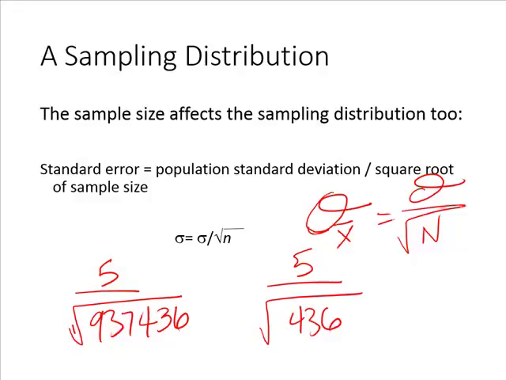Came prepared today. Didn't want to fumble with my phone. 5 divided by the square root. Just turned my calculator off. The square root of 93746 is 436.